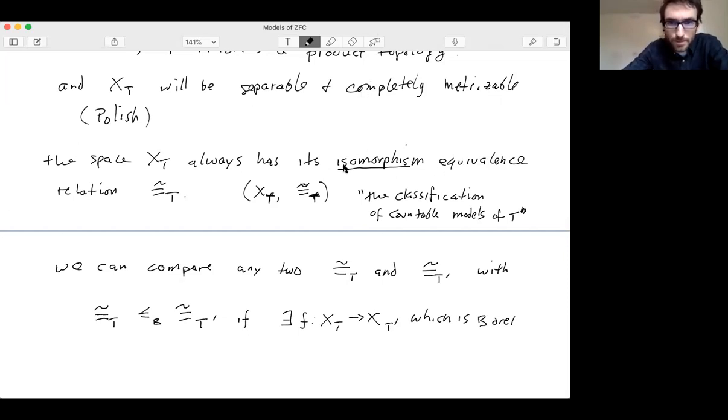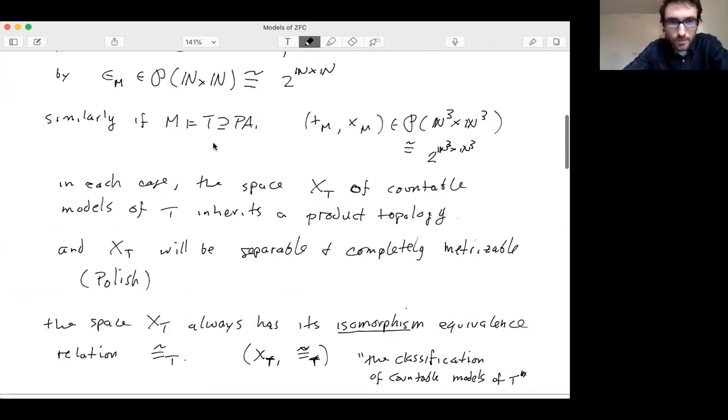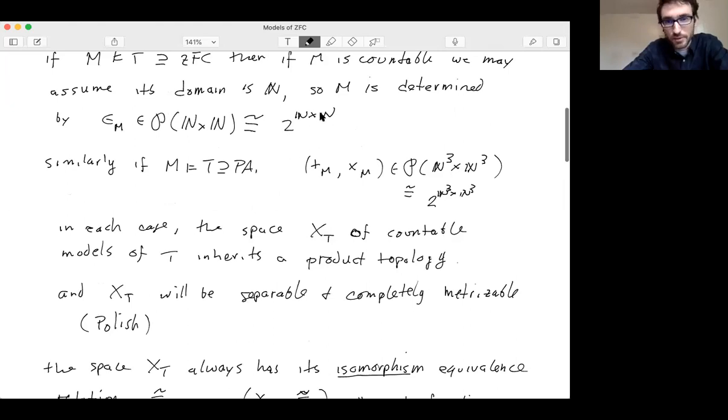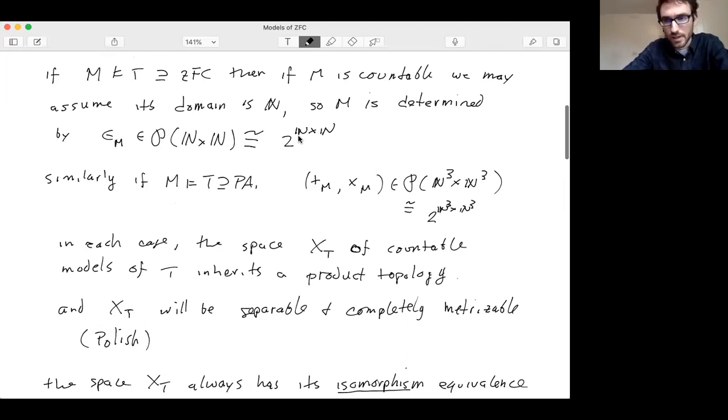So what you need to know is that we have this big product space, like 2 to the N cross N, of all possible binary relations, and then just the binary relations that satisfy the theory T is an arithmetic subset of that, and all you really need is that it's Borel. I guess I should say it has a compatible topology that's completely metrizable.